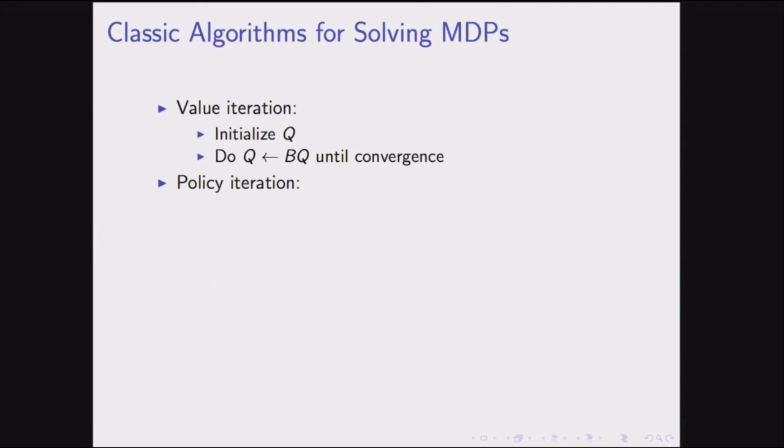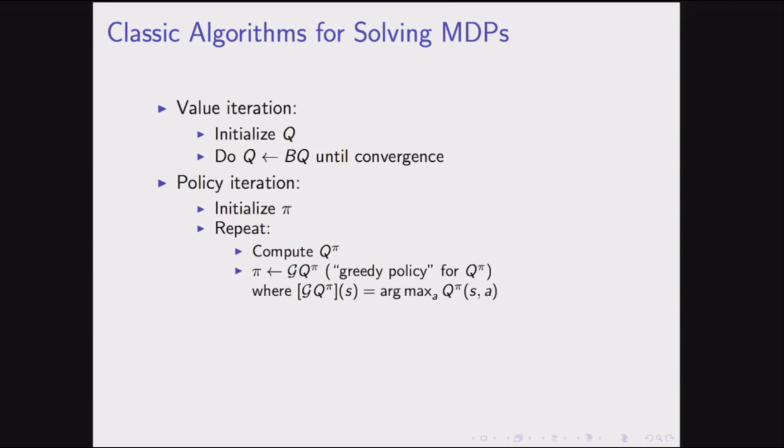The second one is called policy iteration. You initialize your policy arbitrarily. Then at each step, you first compute either exactly or approximately the Q function of that policy. And then you update your policy to be the greedy policy for the Q function you just computed. So your new policy just takes the argmax of the Q function, the action that's best according to that Q function.